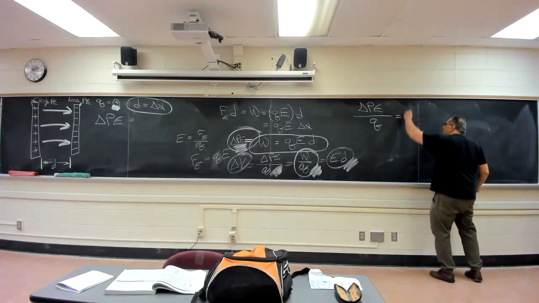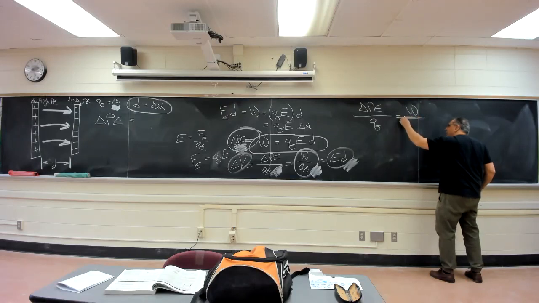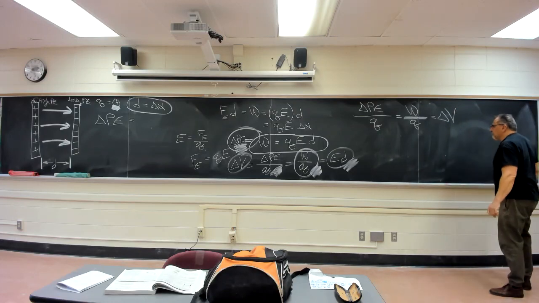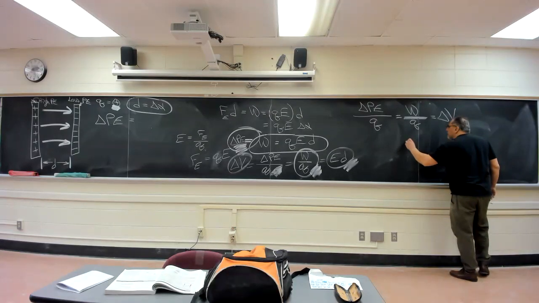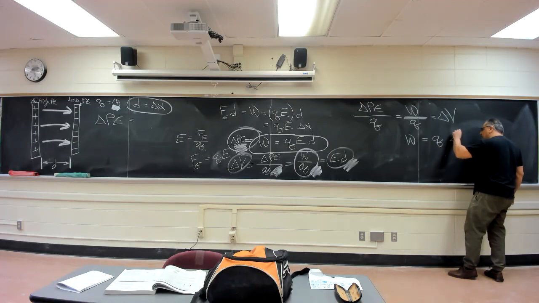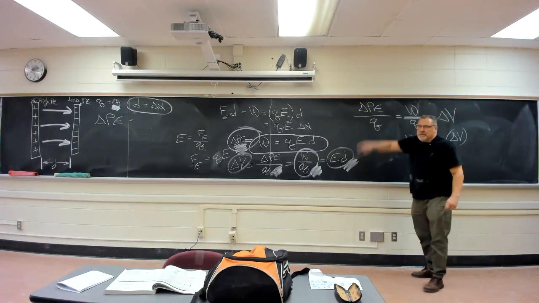This is essentially, guys, and this is to help you, and I hope it does. The work you did per unit charge, work done per unit charge, is called the potential difference, delta V. If you multiply by Q on each side, the work that you had to do was Q times delta V. But delta V, well, what is delta PE?